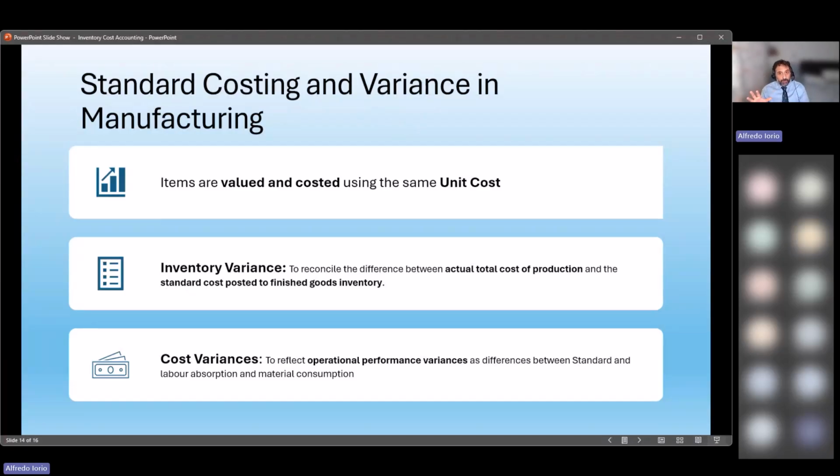We will see that in action, and then next month in another workshop, we will go through standard costing in manufacturing, and we'll spend the entire hour talking about standard costing for manufacturing companies, which is rather complex, and it requires a dedicated workshop.